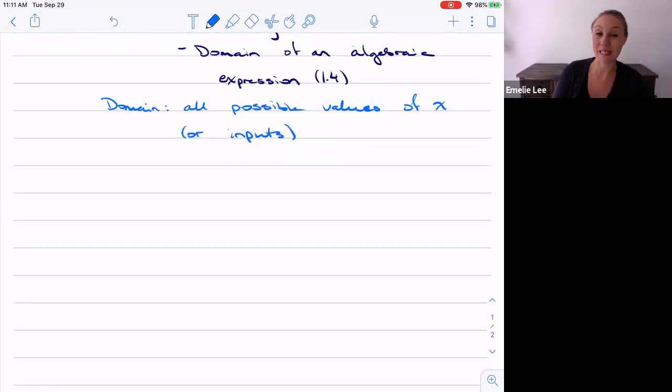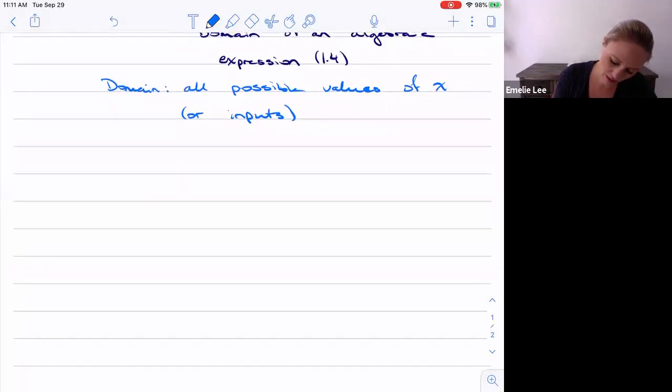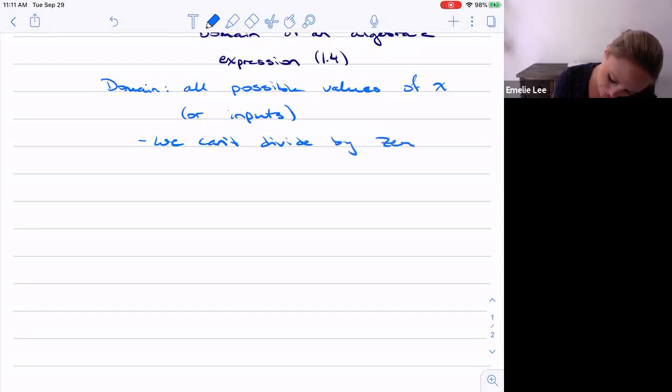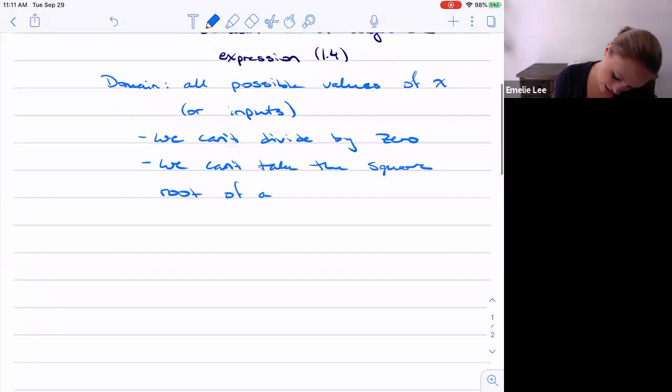The variable isn't necessarily x, it can be y, it can be s, it can be t. But one thing that we need to know is we can't divide by 0. And we can't take the square root of a negative number.